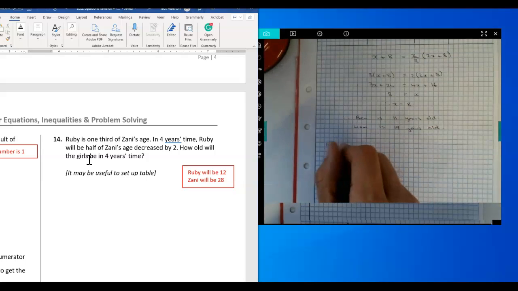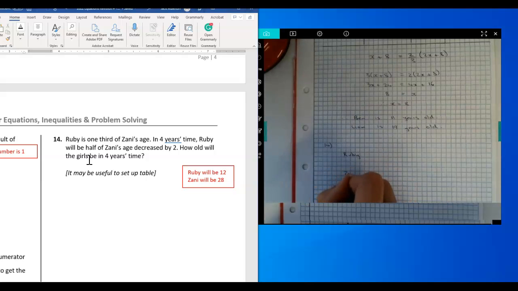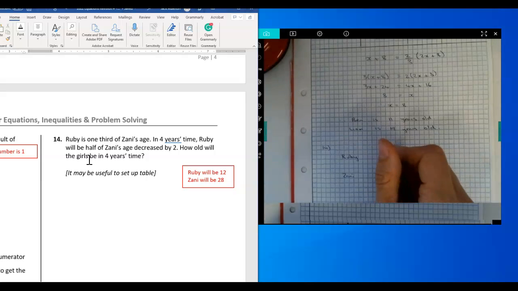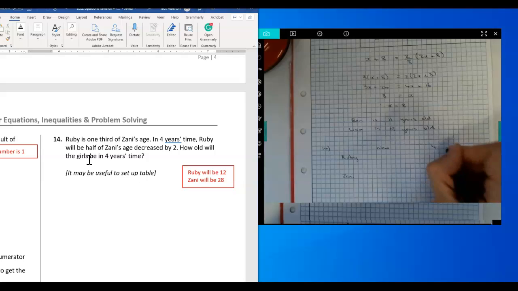So I'm going to use a table to assist. It just helps us put everything out clearly. So we've got Ruby, we have Zanny, we've got now, and we've got 4 years' time.